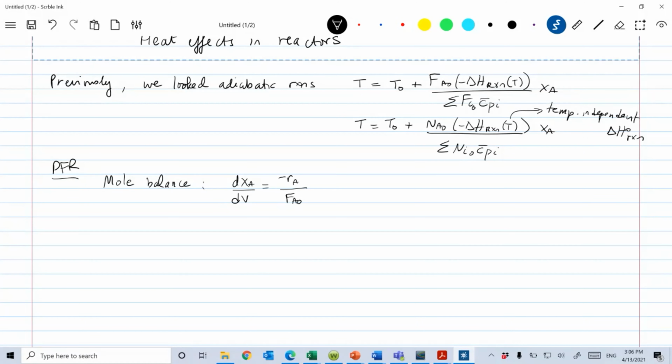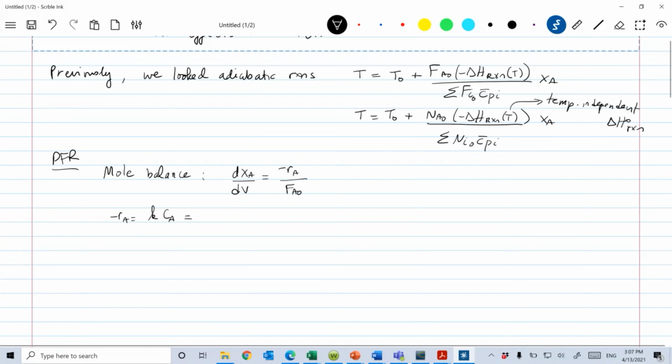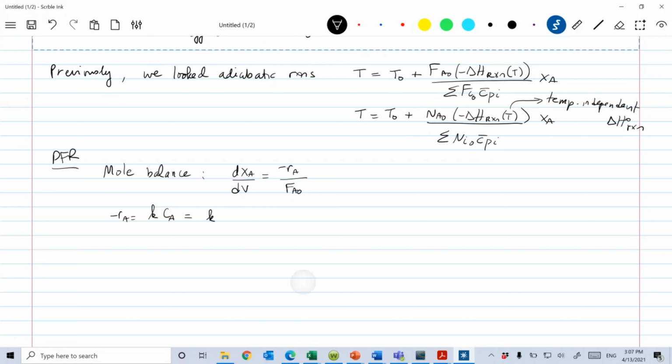Say that your minus RA is just k CA, for example. K is a function of temperature, so K is going to be some K1 at temperature 1 times the exponential of E over R, 1 over T1 minus 1 over T, times CA naught, 1 minus XA.